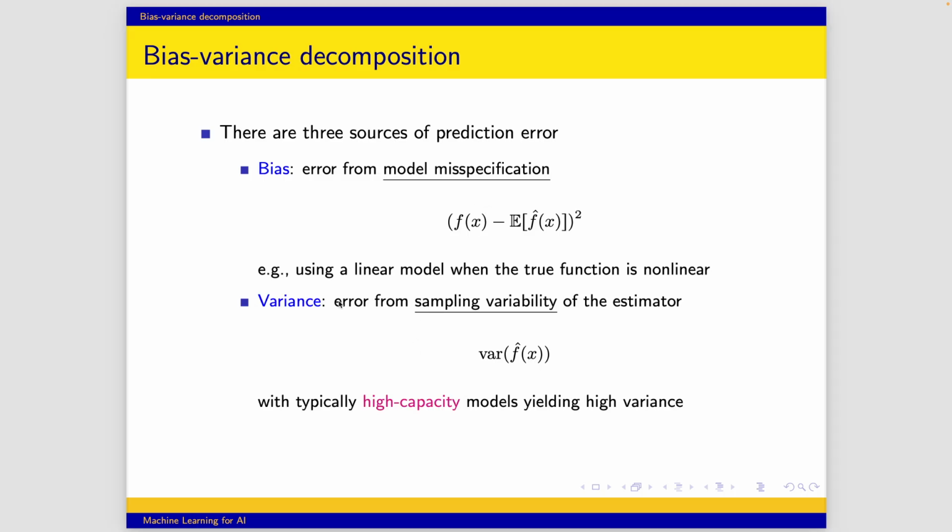Then we have model variance, and this is due to sampling variability, meaning the random sample that forms our data set. And it's the quantity that we write like this. And typically, and we saw this in the polynomial examples, and I explained it in quite some detail, and we will keep seeing it again and again, this is highest when we have models, our f hat, living in hypothesis classes with high capacity.